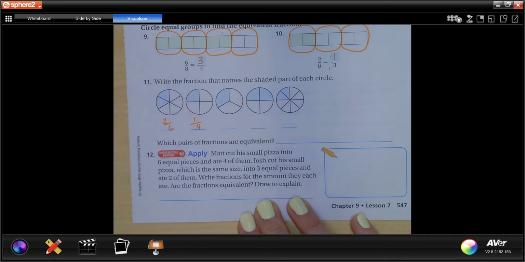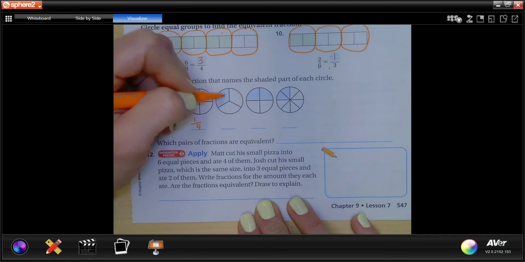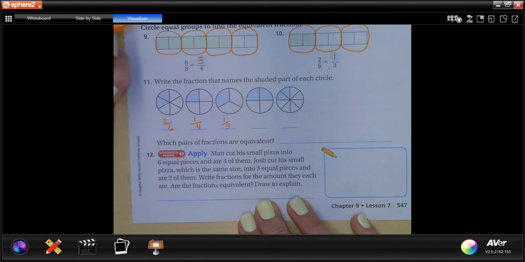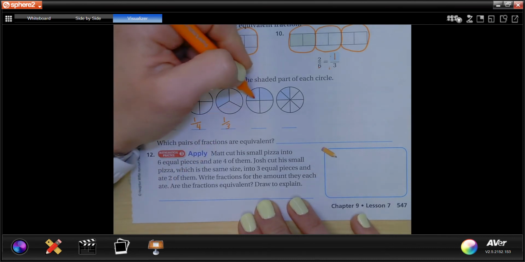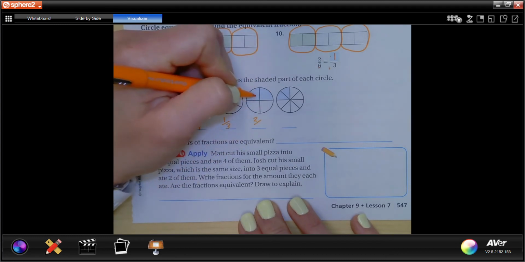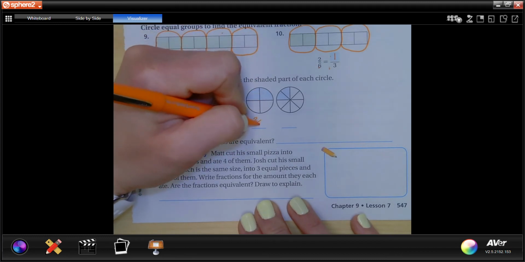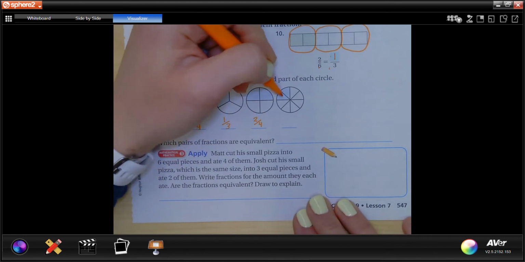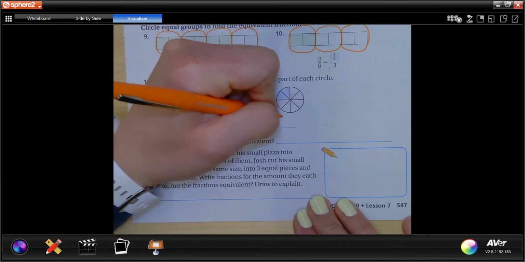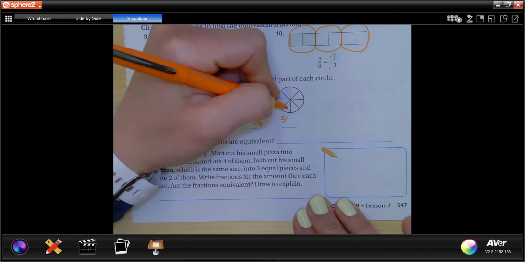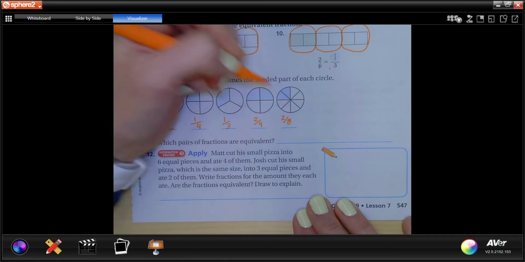So 1/4. 1 is shaded on this one out of 1, 2, 3. So 1/3. 1, 2 are shaded out of 1, 2, 3, 4 in our whole. So 2/4 are shaded. And last but not least, 1, 2 are shaded out of 1, 2, 3, 4, 5, 6, 7, 8. 2/8 are shaded.